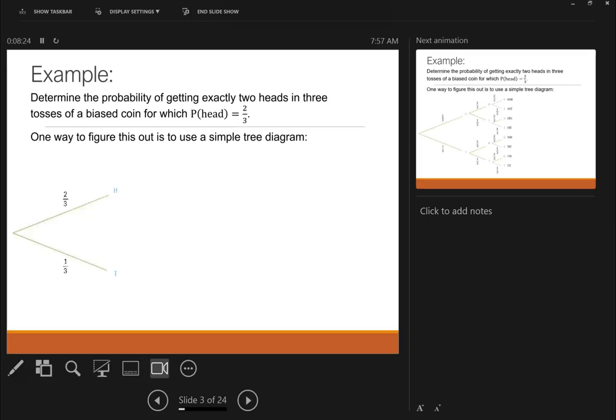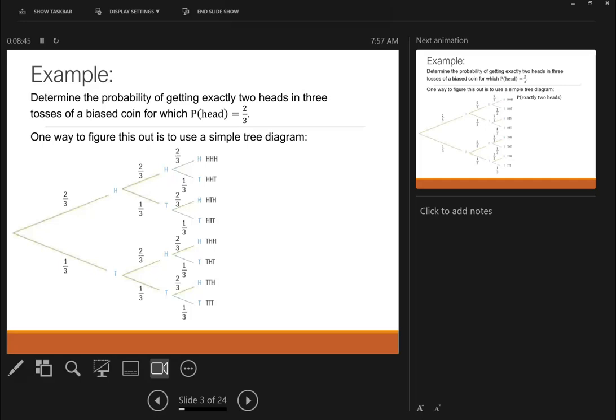And then I'll draw 2 more sets of branchings for the second toss, and then 4 more sets of branchings for the third toss. And I've consolidated that all there. Does everybody feel okay? This looks familiar from the previous lesson.